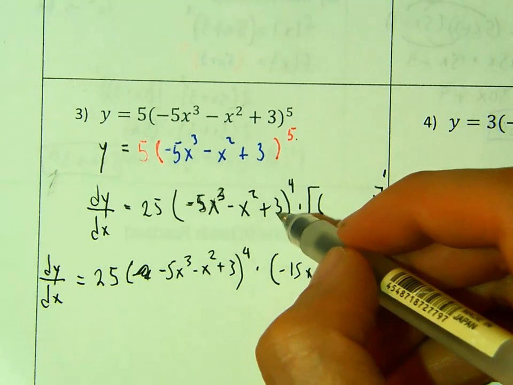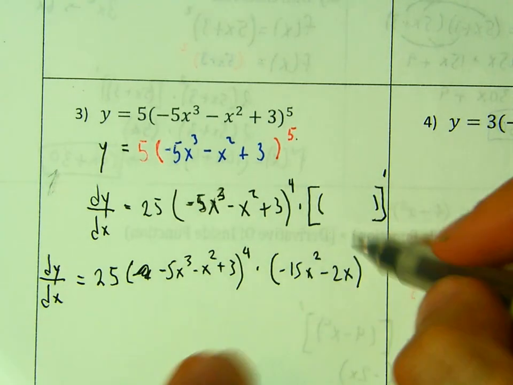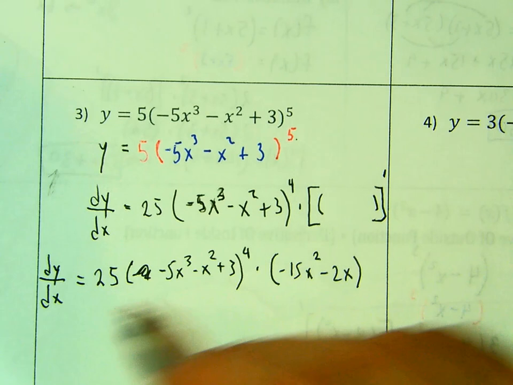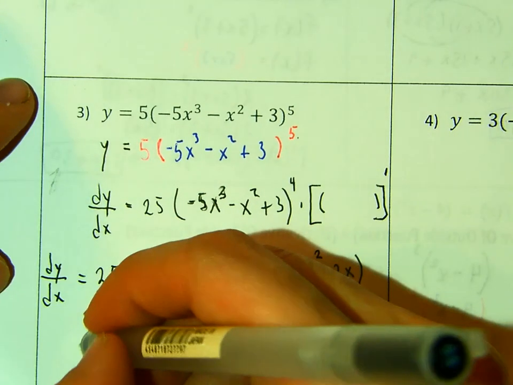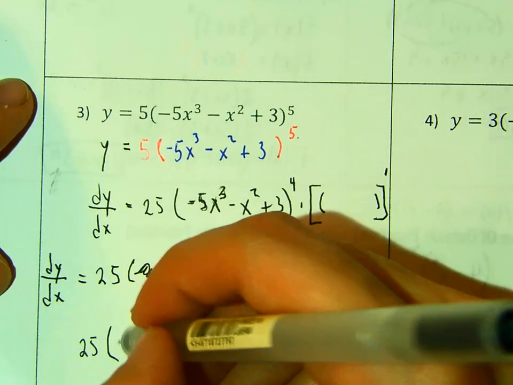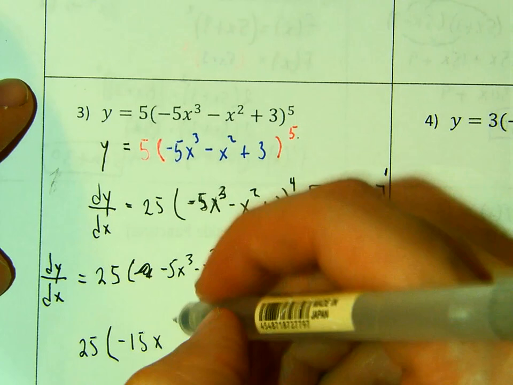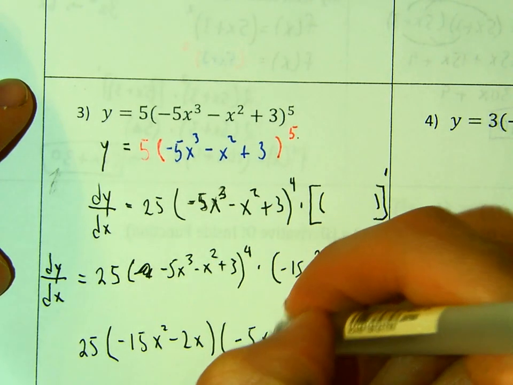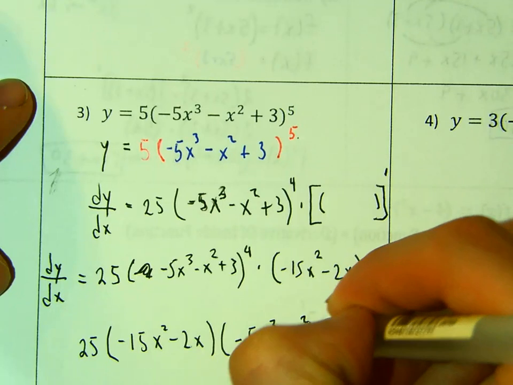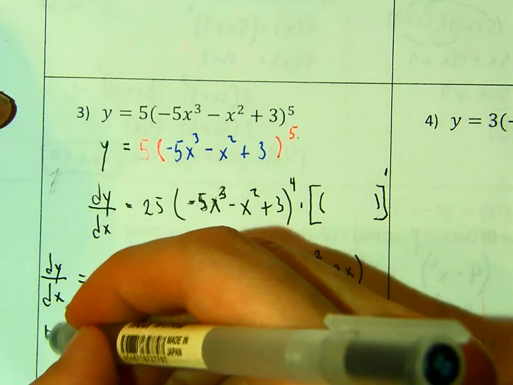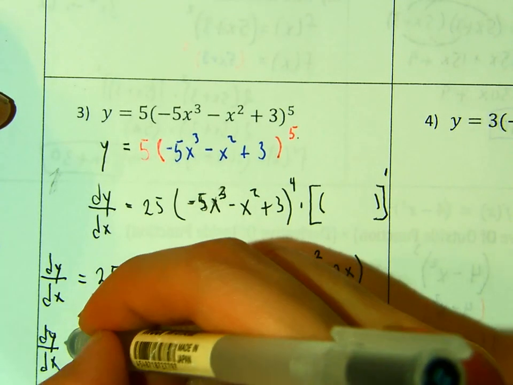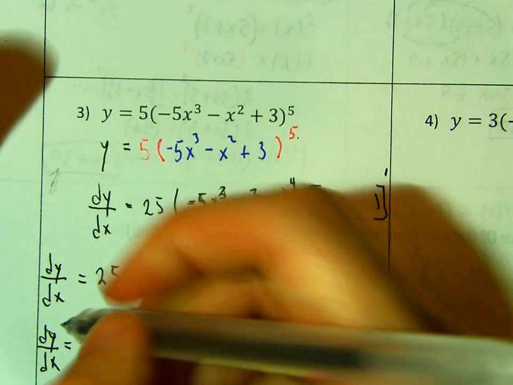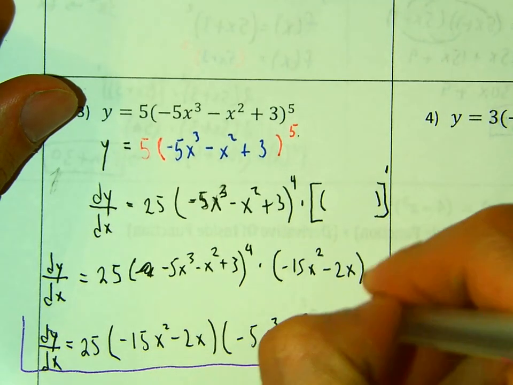And that's it. And if you want to bring this over here, what would it be? Just 25 negative 15x squared minus 2x times negative 5x cubed minus x squared plus 3, and this is dy dx. Okay, and here we go.